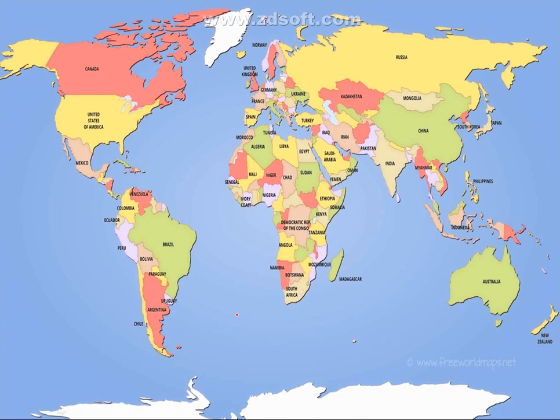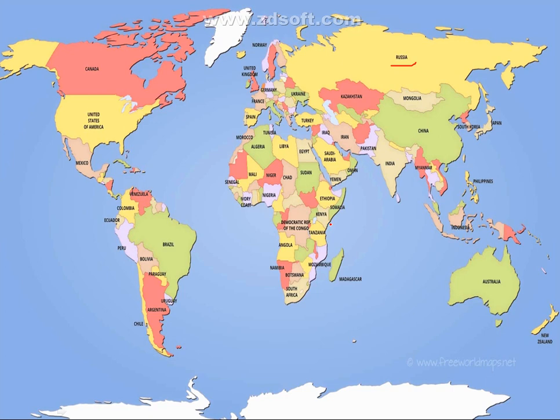Guys, the biggest country in the world, as you know, is Russia. Over here, the big badass guy. It has about 70 million square kilometers of area, 140 million population, and 63% of Russia's area is exactly in Asia.